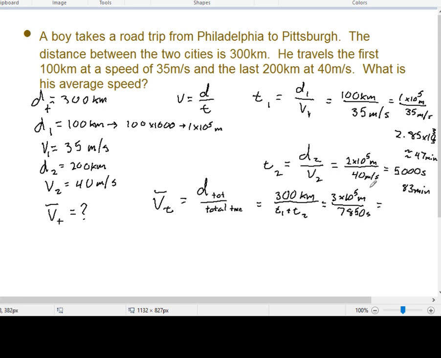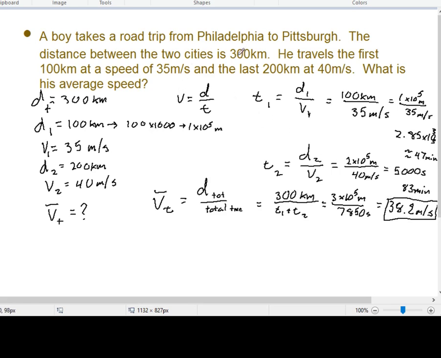So 3 times 10 to the 5th divided by 7,850 equals 38.2 meters per second. Okay, so now is that something that's reasonable?